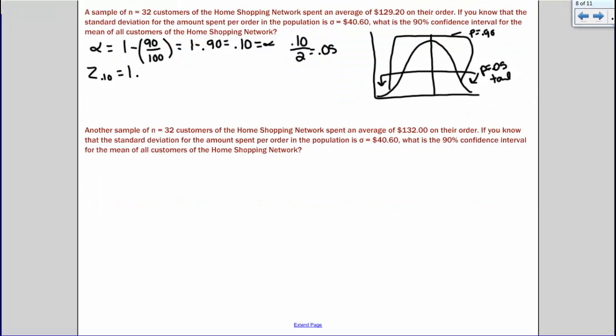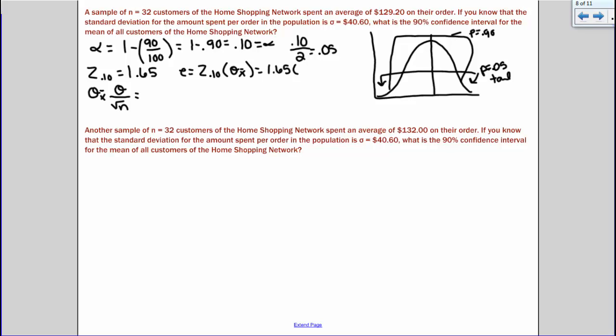Then to find our margin of error, we take that z-score and multiply it by our standard error. Well, I already know my z-score is 1.65, but I don't know what my standard error is. It's equal to the standard deviation divided by the square root of the sample size.